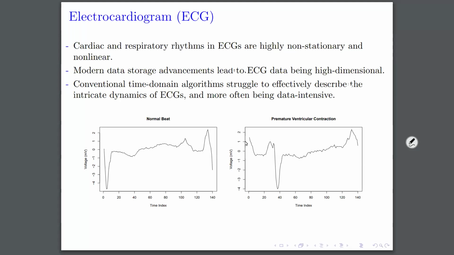As a consequence, conventional time domain algorithms really struggle to effectively describe the intricate dynamics of the ECG data. These are the two types of ECG that we're dealing with. The first one is normal patients, and the other one is patients who have premature ventricular disease.